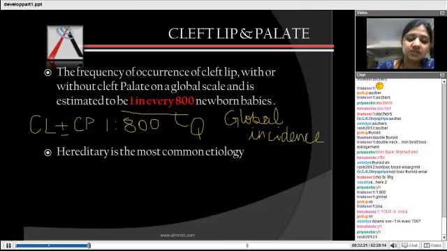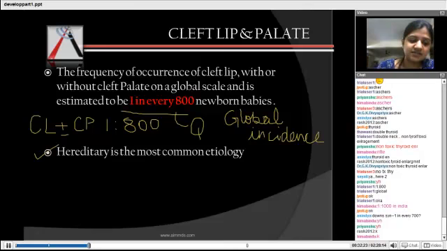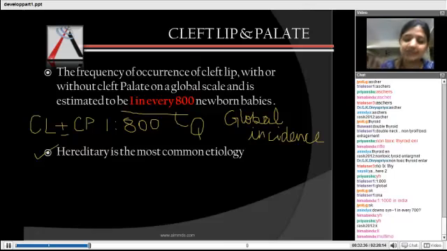The most common etiology of cleft lip, cleft palate is hereditary. And again, when we talk of mode of inheritance of a disease, when we talk about genetic sequence, we read it as an autosomal dominant disorder, autosomal recessive, X-linked dominant, or X-linked recessive. These are the different patterns of inheritance that we read. But when it comes to cleft lip, cleft palate, it's called a polygenic disorder.